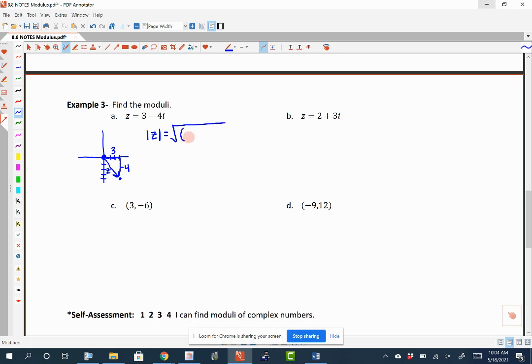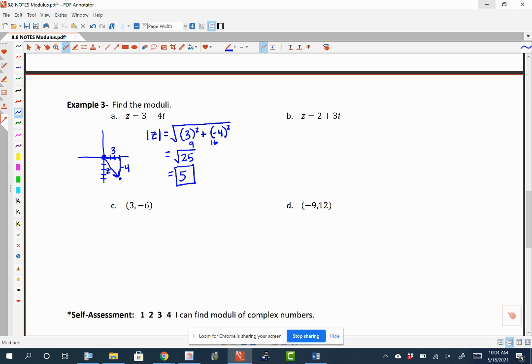I'm going to take my 3 squared plus my b squared. Just be careful about simplifying. We'd end up with 9 right here, and we end up with 16. So that would give us a square root of 25, which is a 5. So the length of my modulus, that vector, would be 5 units.